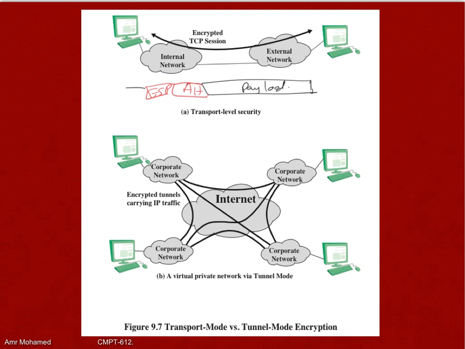So here we can use the original IP header exposed, and it's not to be encrypted, though parts of it can be used for authentication as part of the AH header, as we said before, but it's not encrypted. That makes sense because the original IP header maintains the source IP and the destination IP, which matches the source IP and the destination IP of the host. So it's a host-to-host communication. So there's no issue here.